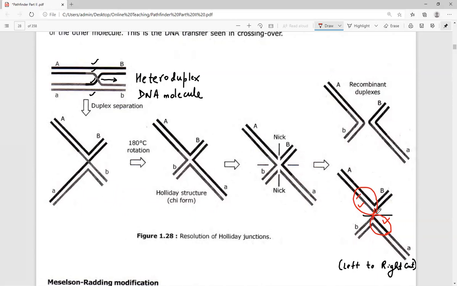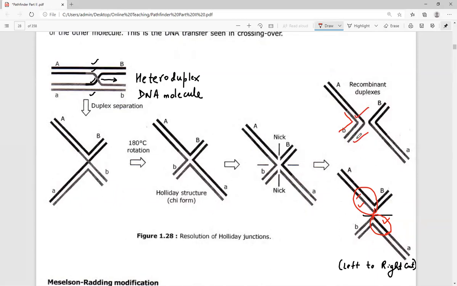As only the center part has been exchanged, you can find that there is an exchange of genetic material that has occurred. And this is the recombinant duplex that will be formed, that involves the cleavage not only at the center region, but both the center as well as the terminal part has been exchanged. Both of these parts have been exchanged. This part has been exchanged along with this part.